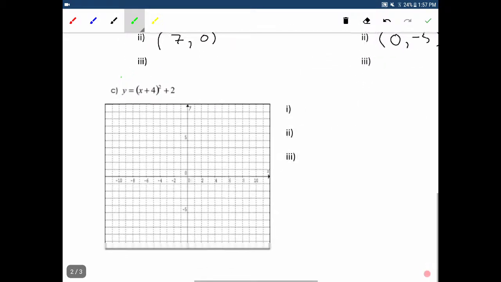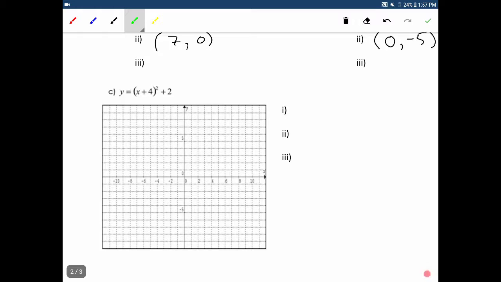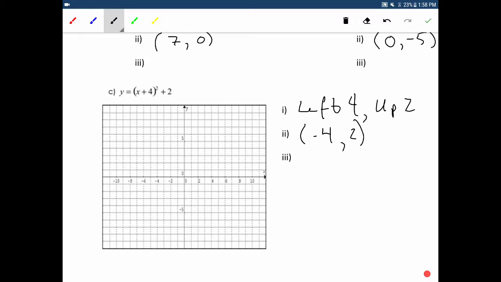Okay, so this next one, we've got 2 transformations. So the 4 is inside the bracket, so that means it's going to be left or right. Okay, and because it's positive in there, and there's a plus in there, it means it's going to go to the left 4. Then we've got a +2, so it's going to go up 2. So our vertex in this case is going to be -4 because it goes to the left, and then 2 because it goes up.